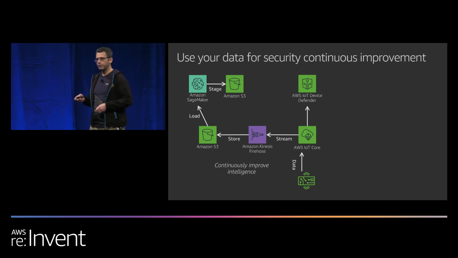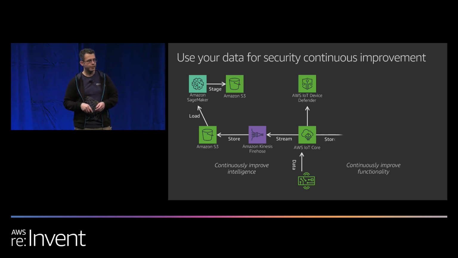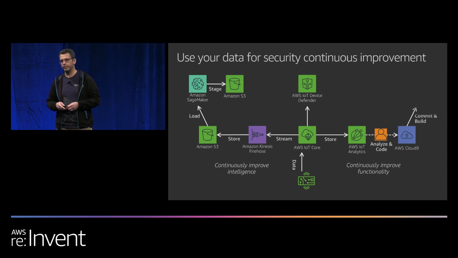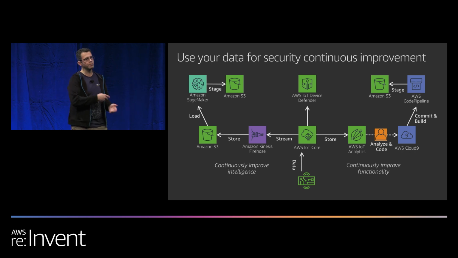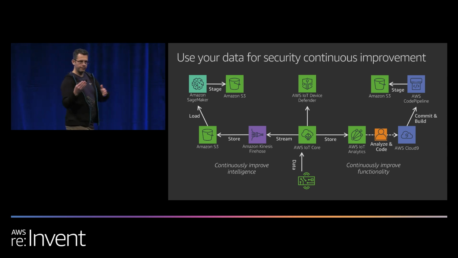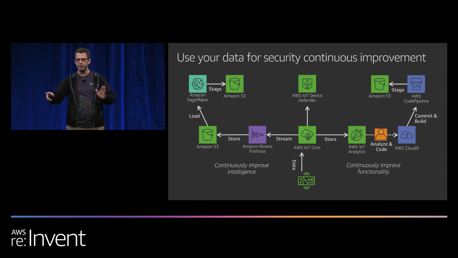Another way to improve the capability of your devices is to improve your firmware. So yes, people are using continuous integration in the cloud to rebuild firmware that gets applied to devices. Customers are doing that. But there's a couple of different ways that you feed information into that development cycle.